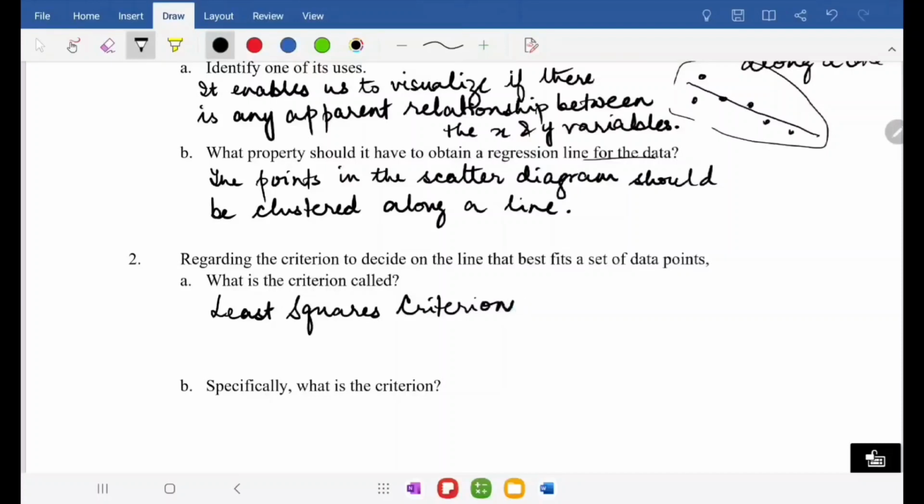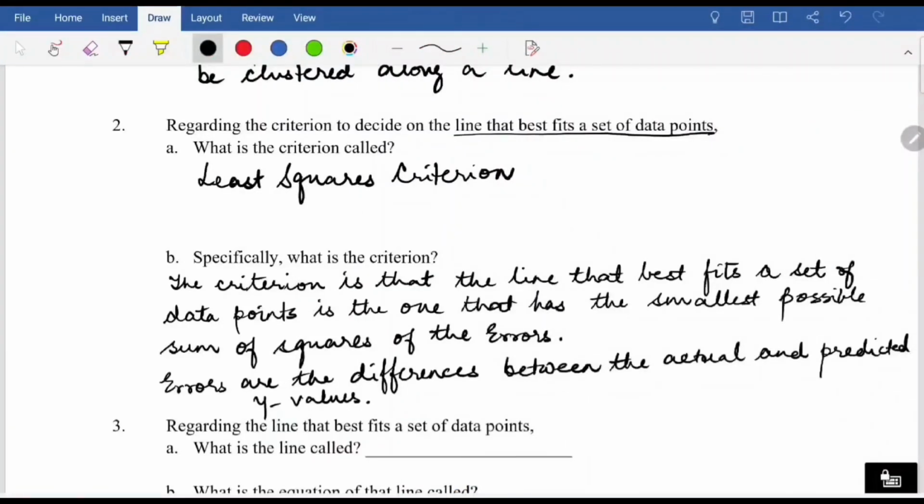When we have our scatter plot, we could draw several lines through these points, one like this, another one like this. Now which one would be the best fitted line for these plots? That decision, which line we should choose as the best fit line, is made using the least squares criterion method.